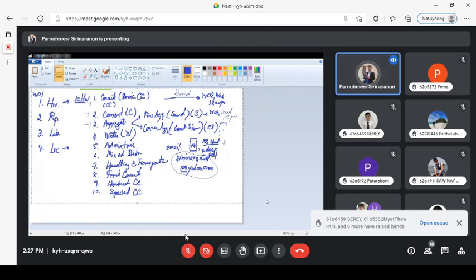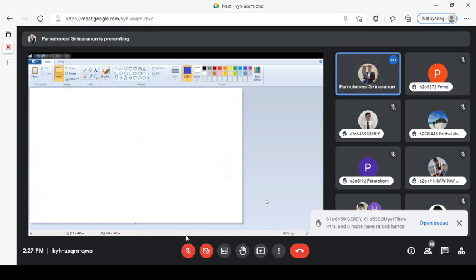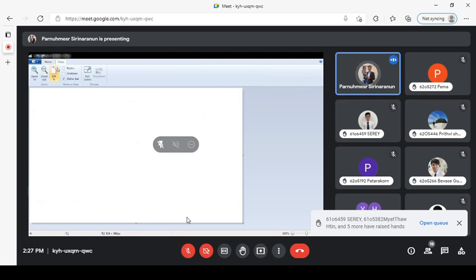I think everybody knows this word or the concept. I'm not sure about the concept, but I think everybody is familiar with this word. Wait for a moment.